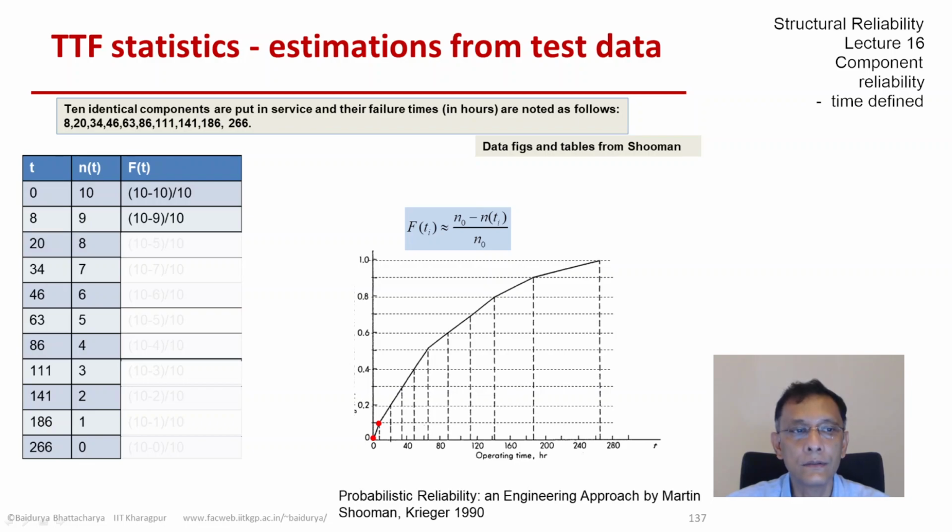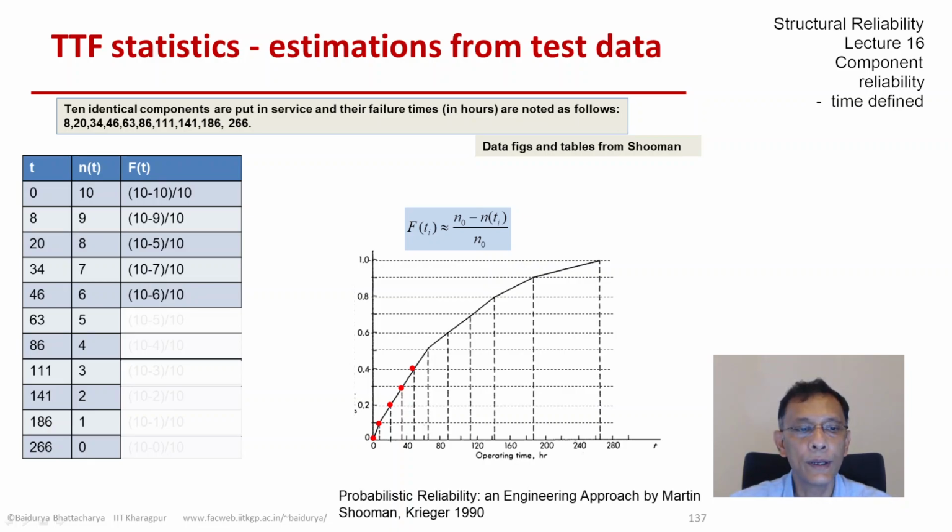So at 8 hours we have the next discrete point on the CDF curve identified, and that's the next red dot that you see. At the next failure time, 20 hours, we have the next dot. So that's 10 minus 8 over 10. There's a mistyping there. It's 10 minus 8. Anyway, let's continue. At 34 hours, we have 10 minus 7 over 10, and that's the next red dot that we have plotted, and so on.